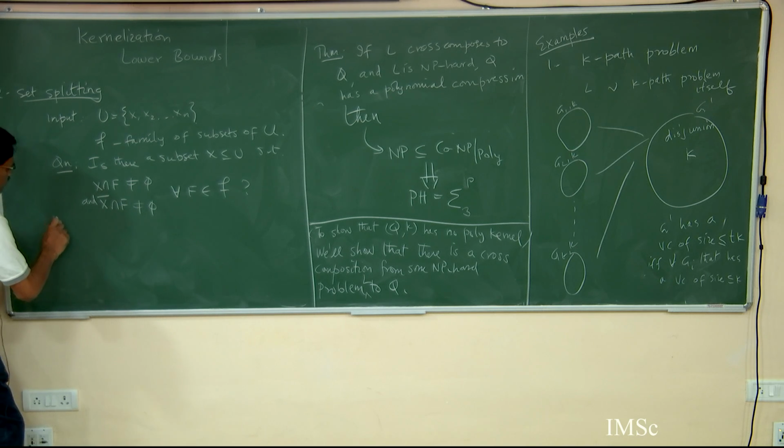Our parameter for this reduction is going to be n, not our usual solution size, but we are going to take our parameter as the size of the universe. Okay. Is the problem FPT?